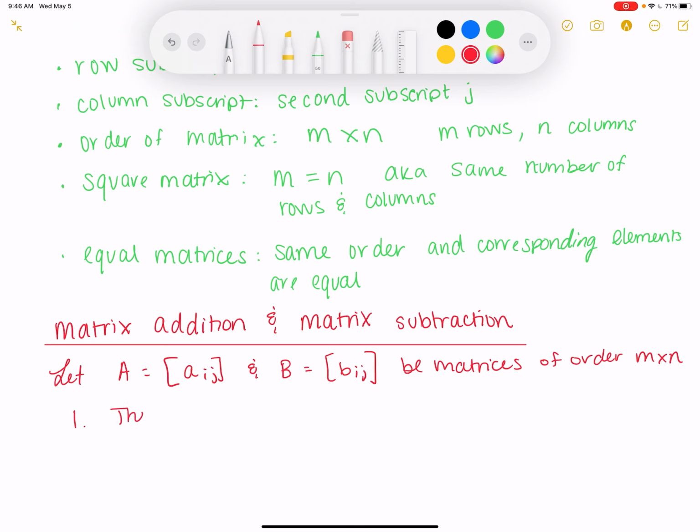The sum A plus B is the m by n matrix such that A plus B is equal to, all in a bracket, A sub ij plus B sub ij.